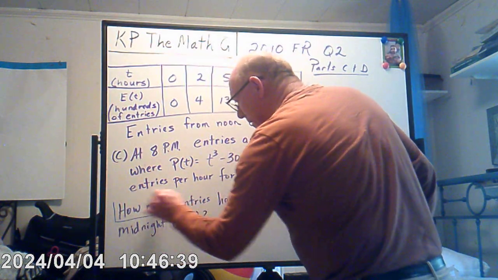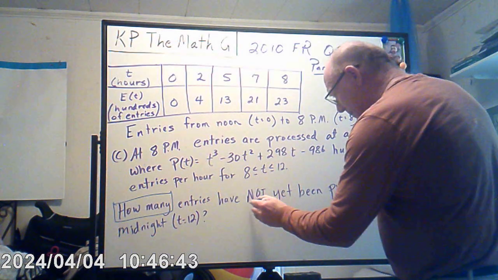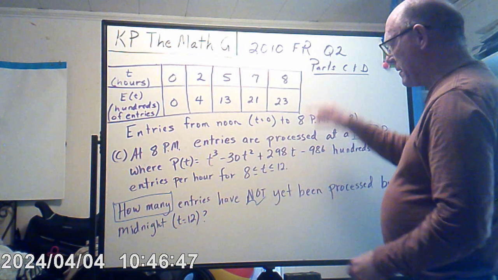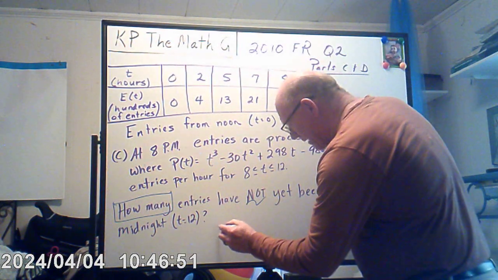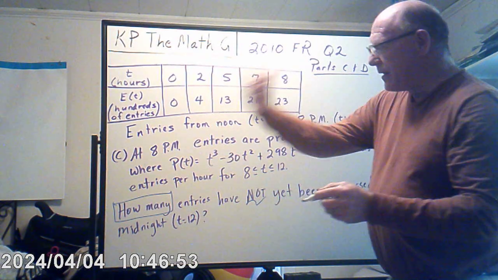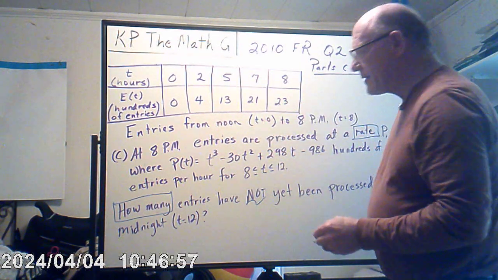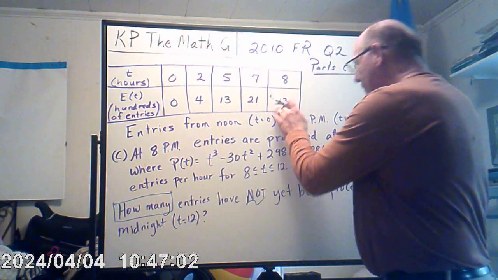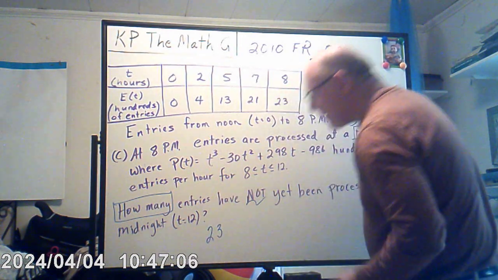It says has not yet been processed. Well, at t equals 8, we already have 2,300 entries. That's hundreds of entries. So 2,300 that are out there.